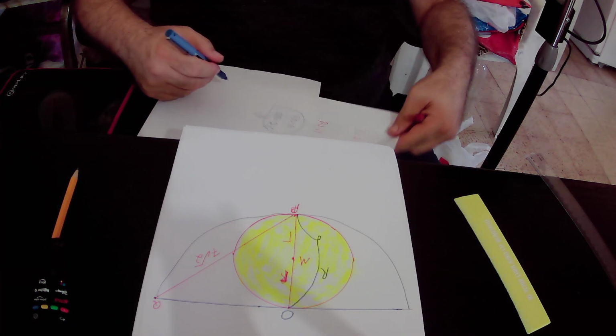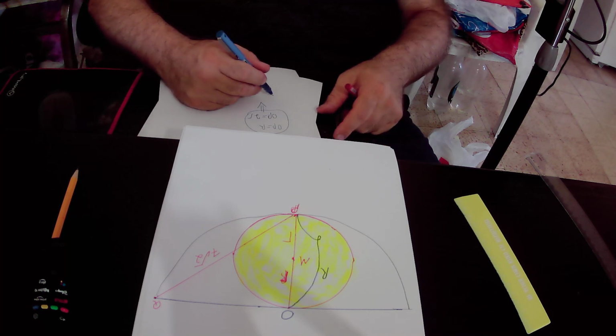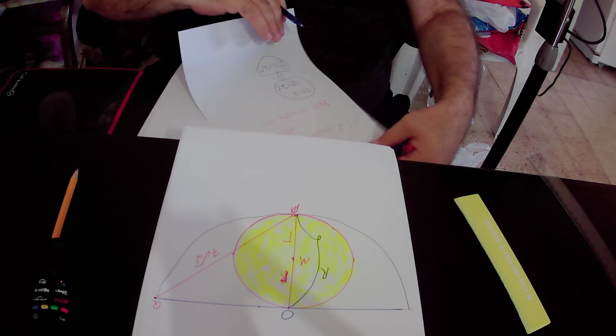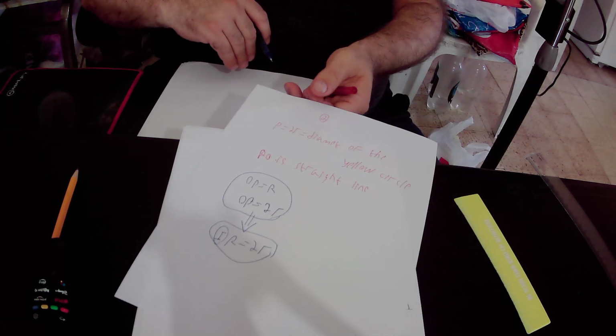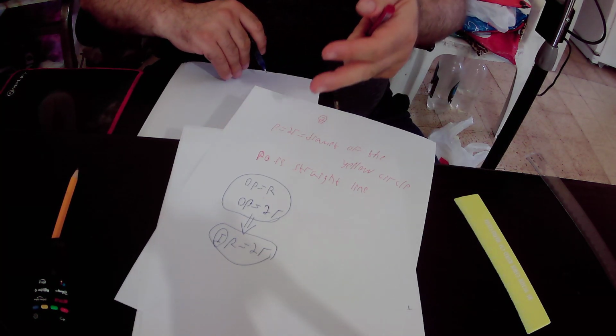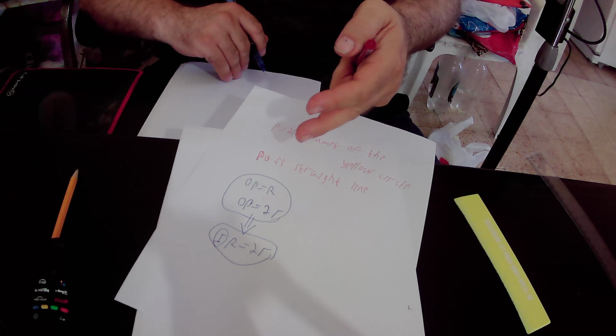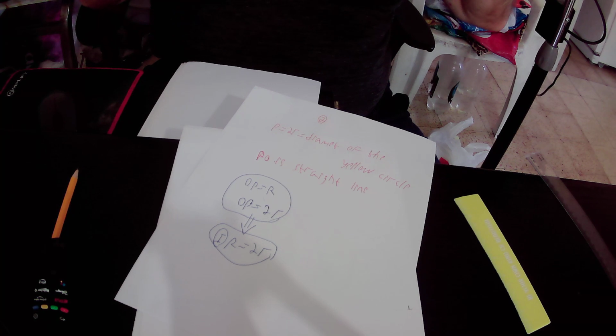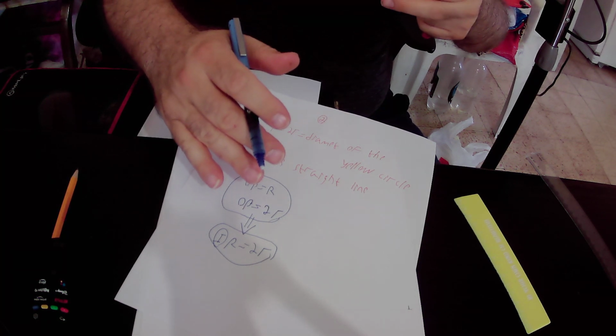And that will be our first equation. Capital R equals 2 times small r. It is very simple. OP equals capital R, OP equals 2 times r. From that we can deduce that capital R, the radius of the semicircle, equals 2 times the radius of the yellow circle.